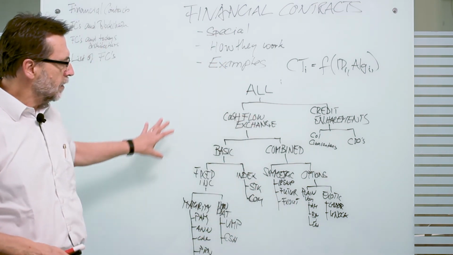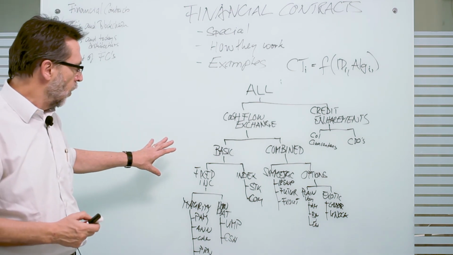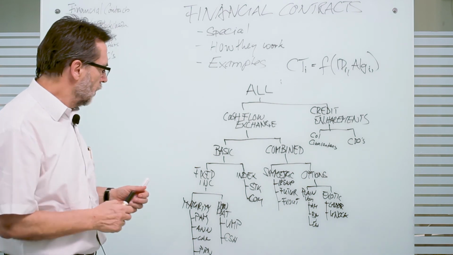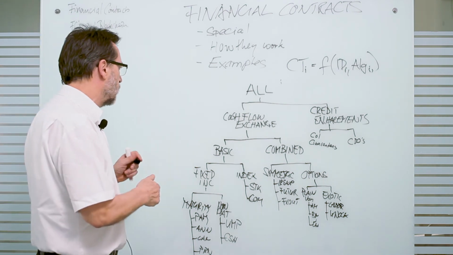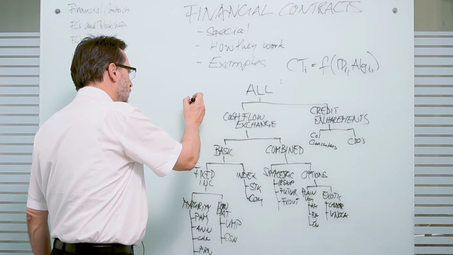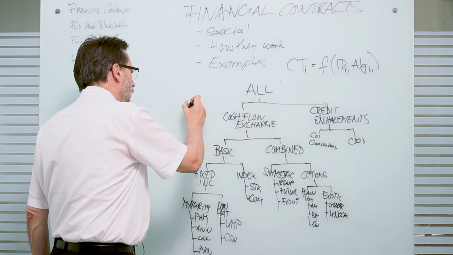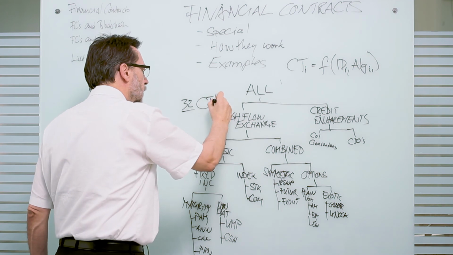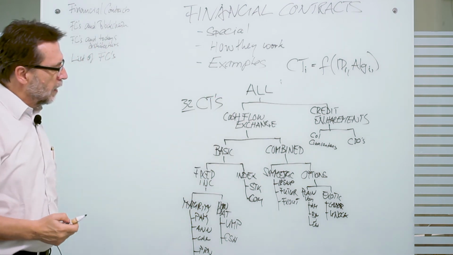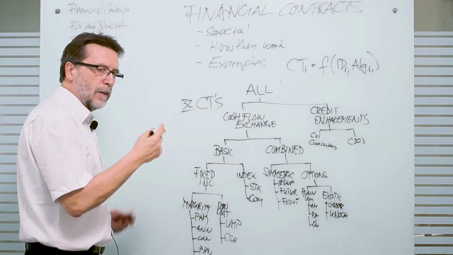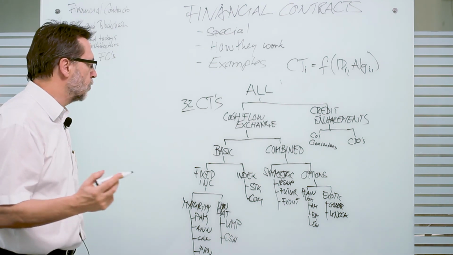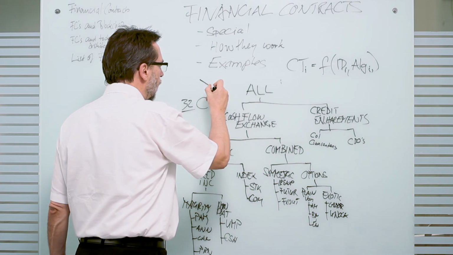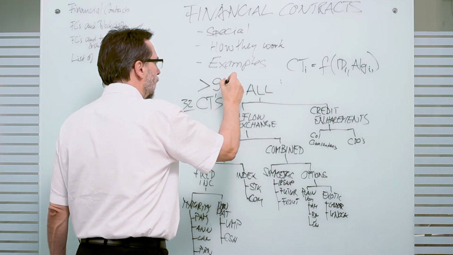Okay, this is an overview over all the financial contracts which are out there, and we have a little bit more than 30. I think there are currently about 32 contract types. And the estimation, that's my estimation, that has yet to be proved, is that it covers well beyond 99%.